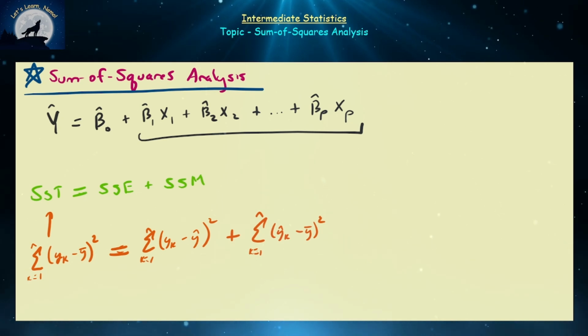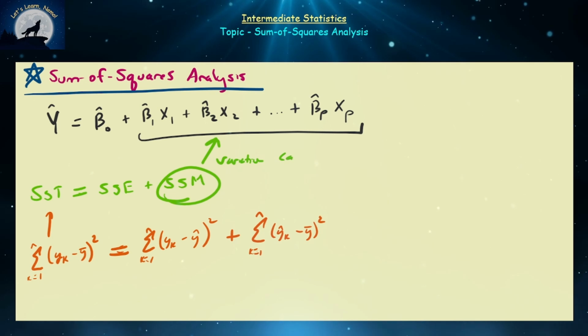So what exactly do these particular components mean? Well, the SSM can be viewed as the portion of the variation that is captured by these predictors. So we can say that this is the variation captured by our predictors, which is pretty much our model.